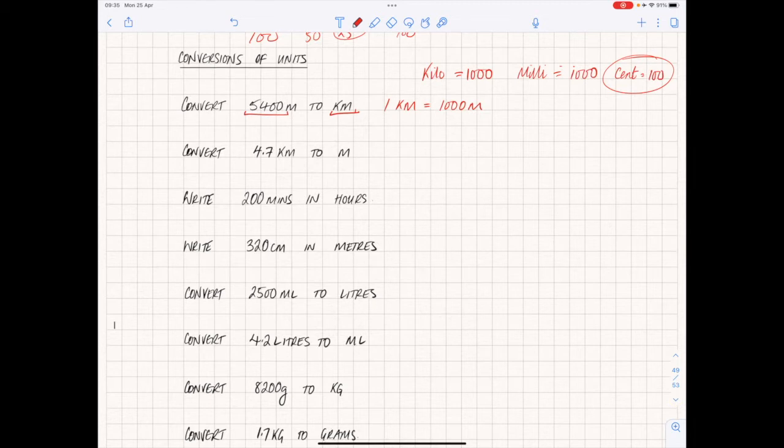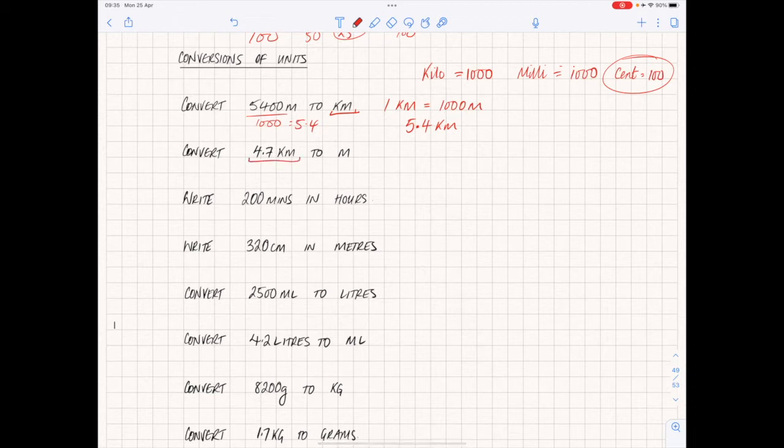Now this is 5,000, so it has to be 5 point something, and in this case it's 5.4 kilometres. What you're effectively doing here is dividing this by 1,000 to get 5.4. But if you struggle with remembering to divide by 1,000, just remember 1,000 is 1 kilometre, 2,000 is 2 kilometres. So if it's 5,000, it's got to be 5 point something.